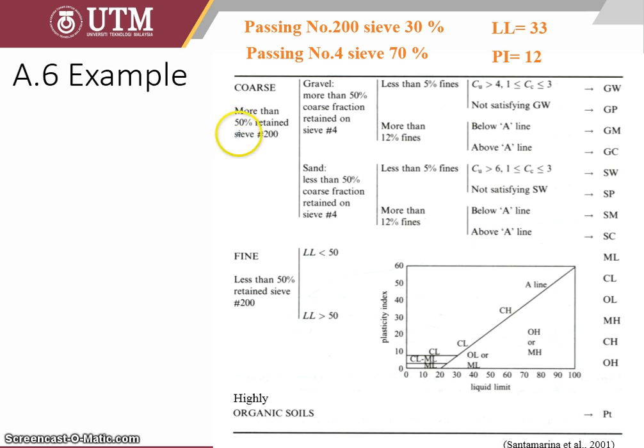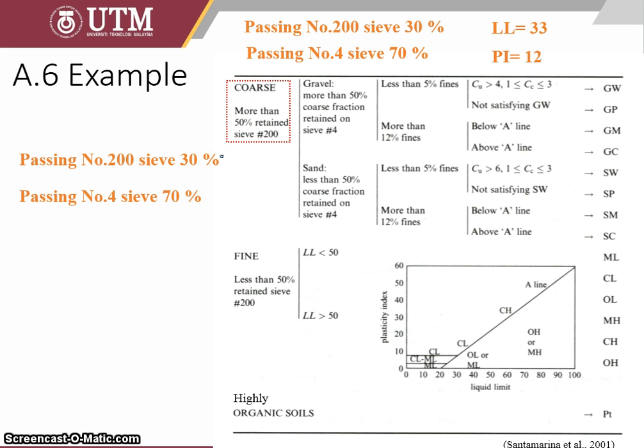Okay, so let's check. Is it a coarse grain soil? From here we know that only 30% is fines, and here we know that it is a sand. So passing number 200 sieve is 30%, so it's not a fine soil, it's a coarser grain soil. Next, passing number 4 sieve is 70%, so it means sand.